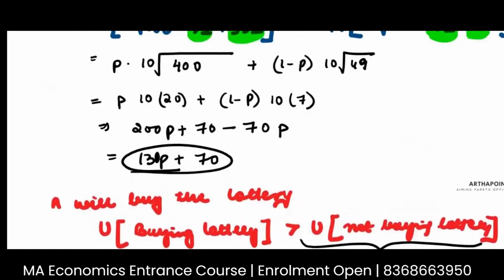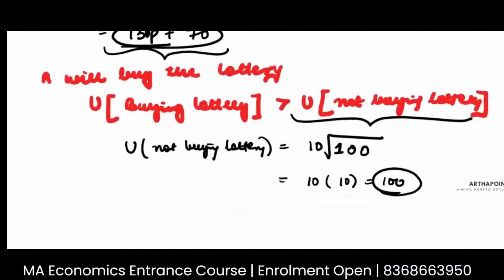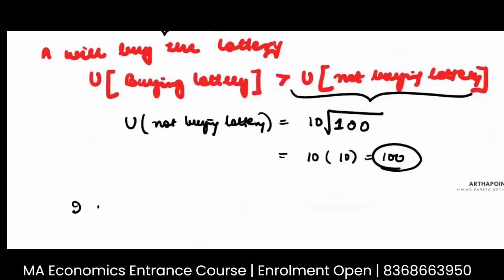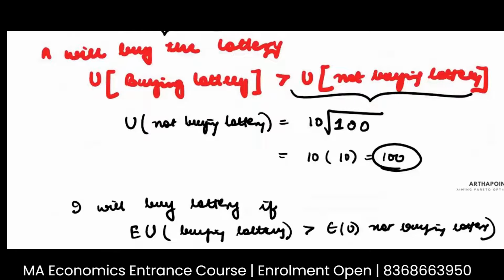And this will be my payoff when I buy the lottery. So what do I want? I will buy the lottery if my expected utility from buying the lottery is greater than my expected utility from not buying the lottery.